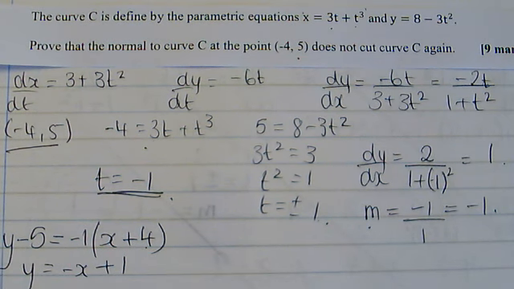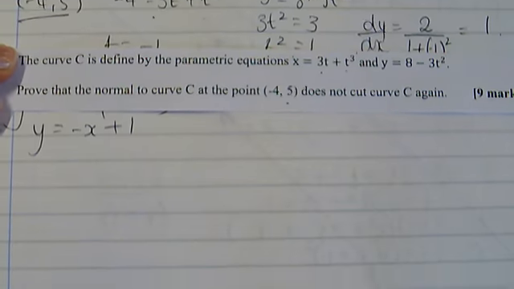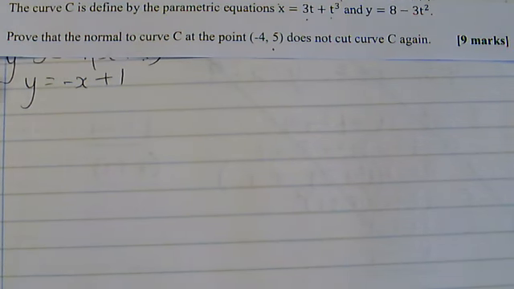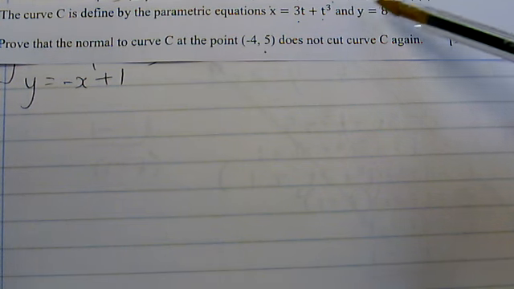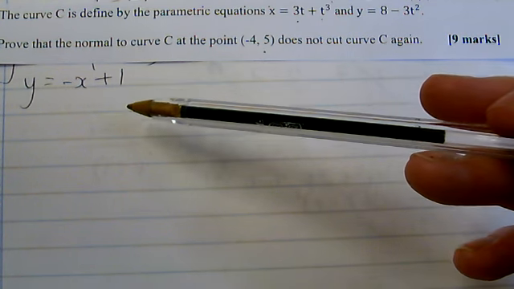Okay, so we're trying to solve simultaneously where this normal meets this curve. So let's have a think about the best way of doing that. The tricky method would be to rearrange one of these for t and substitute in to get a Cartesian, and then solve that with this.